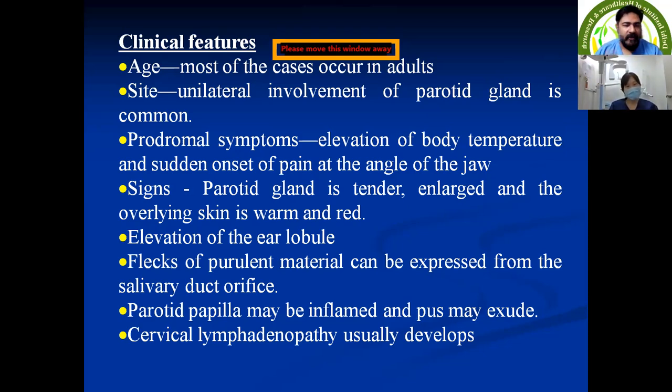The elevation of ear lobule is sometimes there. This is the ear lobule; sometimes it elevates like this. The flecks of purulent material can be expressed from the salivary duct orifice. Parotid papilla may be inflamed and the pus may exude. Cervical lymphadenopathy usually develops in this.